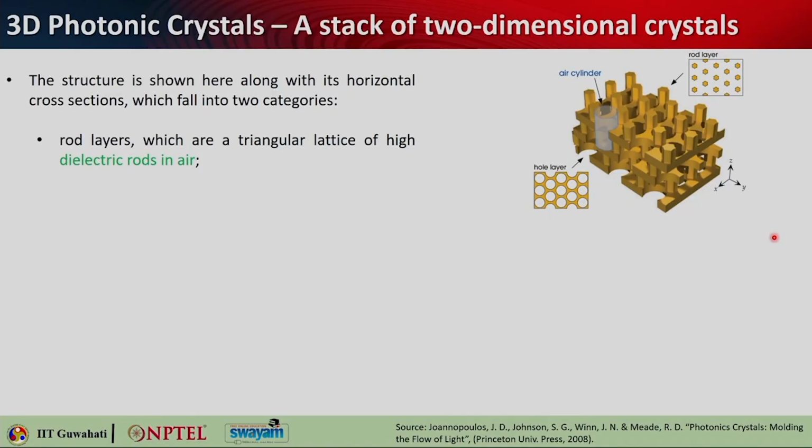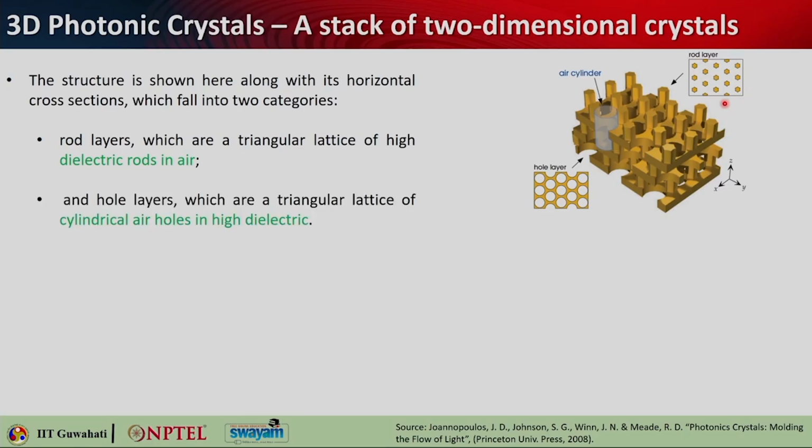And this is the other one. This is basically a stack of two-dimensional crystals. If you take a two-dimensional crystal, one is this kind of rod layer. You just have a layer of rods, okay, which are placed in a triangular lattice. These rods are made of high dielectric and they are in air.